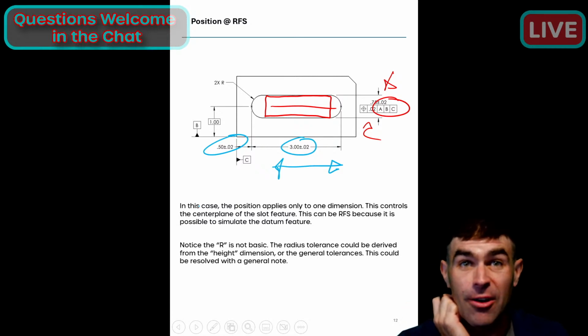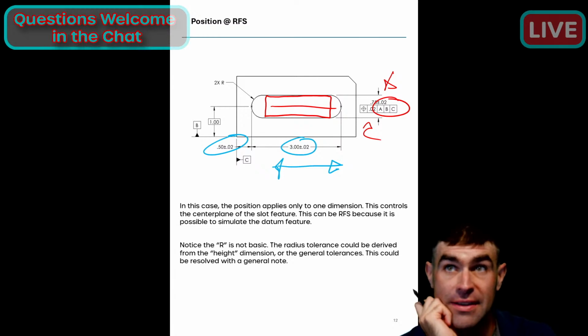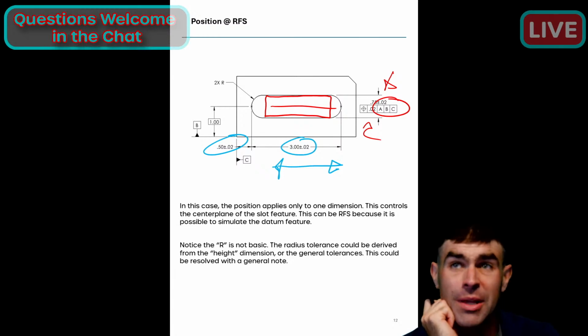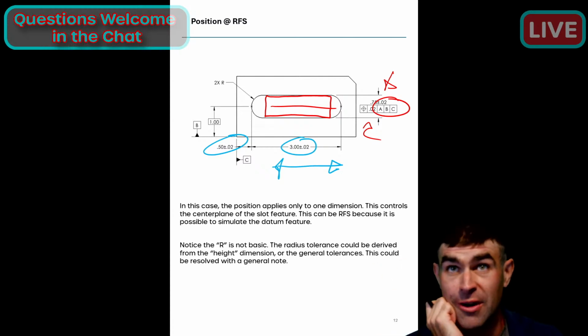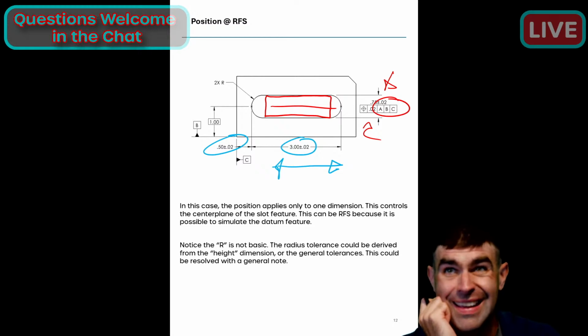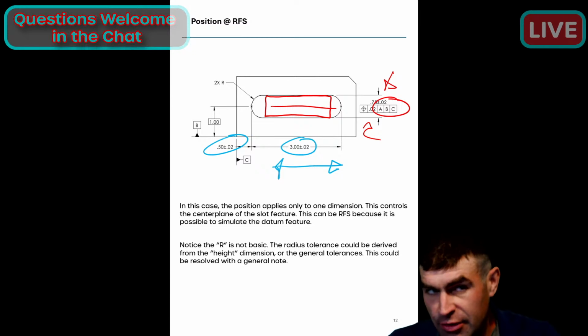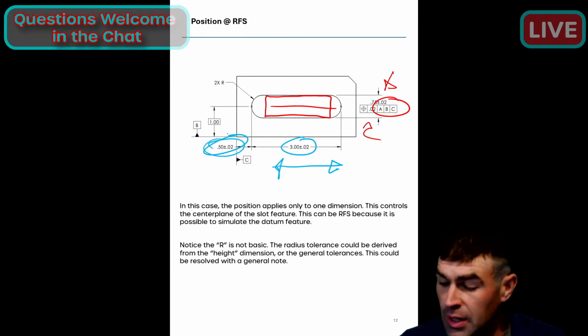Not ideal, but it's also not the critical function of the slot. So that's something we could probably live with if this was something we wanted to do. For whatever reason, you wanted to use position at regardless of feature size. Again, Y14.5 2018 doesn't recommend doing this, but if you need to, you need to.